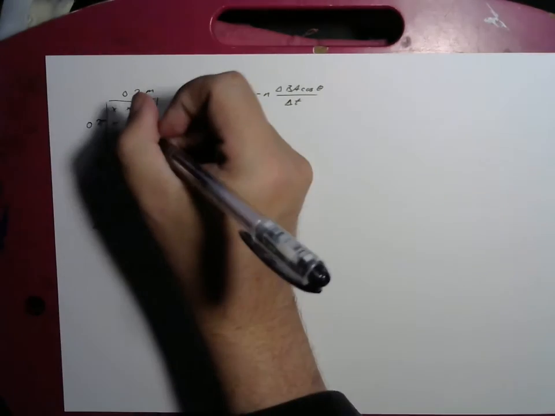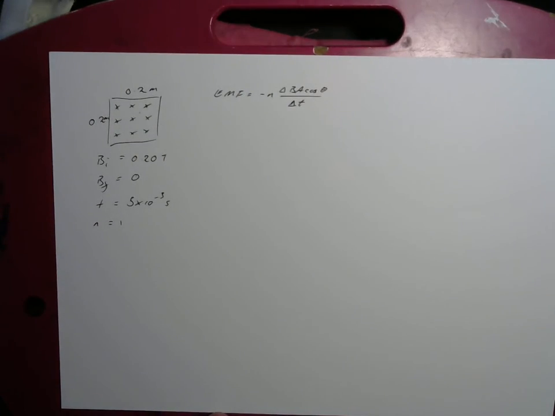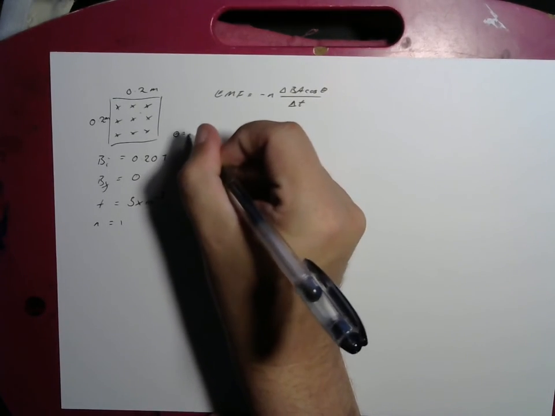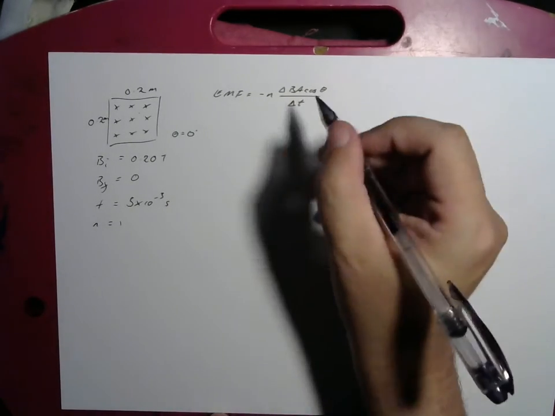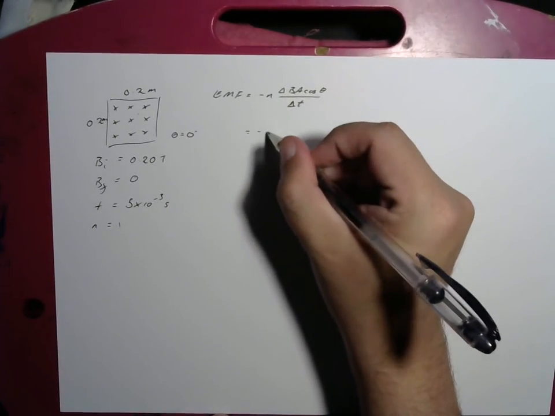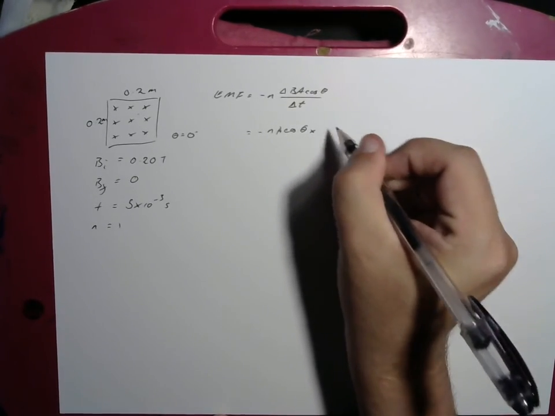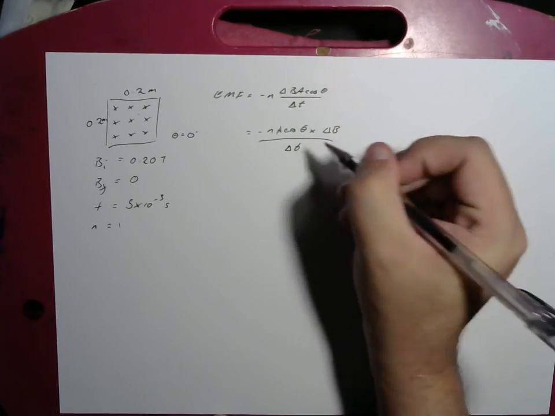So the perpendicular vector, my area vector, and the field are parallel. So the angle theta equals 0 degrees. Now, our B is changing here, so it's going to be negative N A cosine theta times the change in B divided by the change in time.